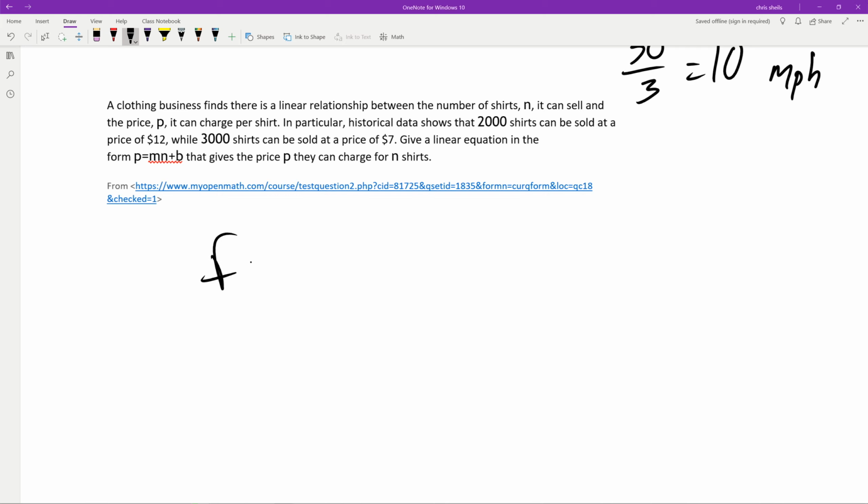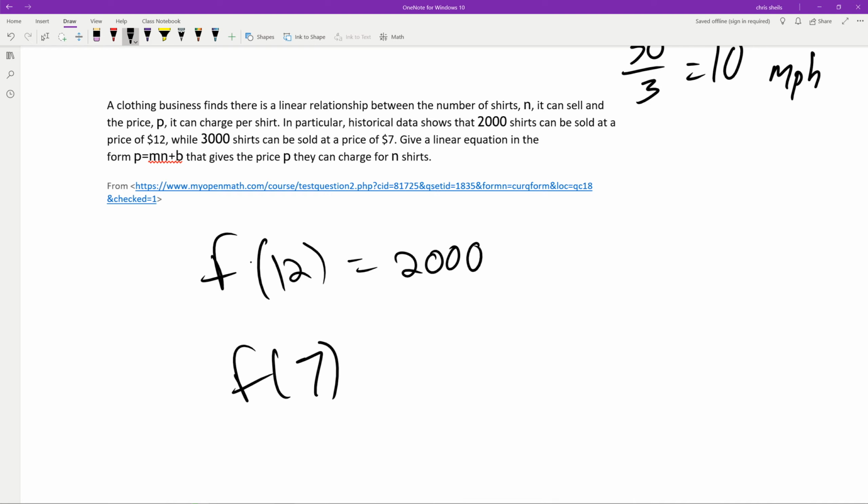So I know that if I charge $12 a shirt, I can sell 2,000 shirts. If I charge $7 a shirt, or rather, I want my price P to be the output here, right? Not my input.